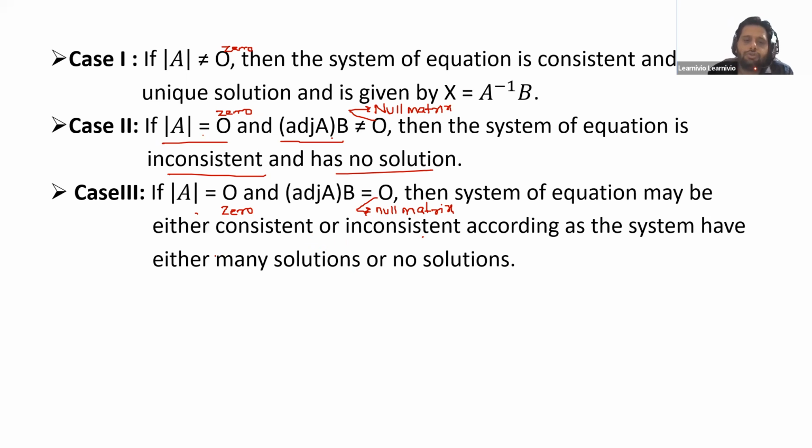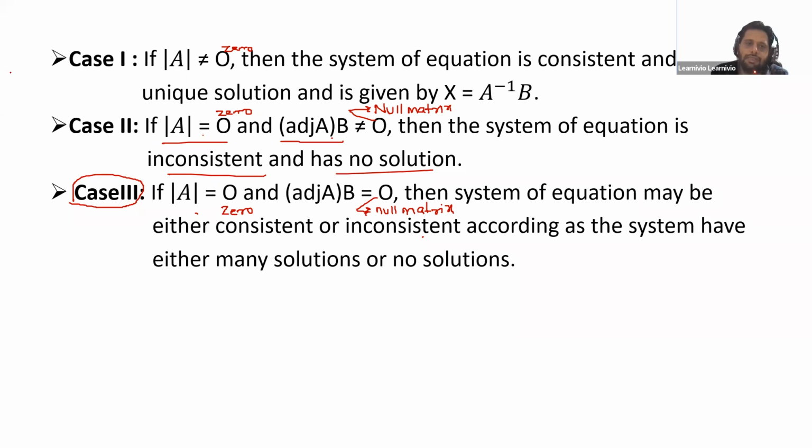Okay. So in case third, there are further processes by which we can check whether the system is consistent or inconsistent, but that is not in NCERT. So we will not do that.